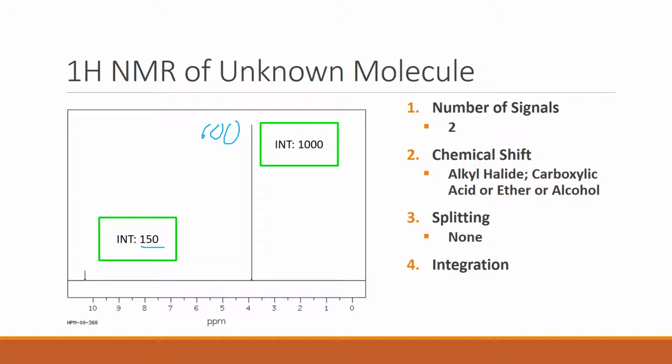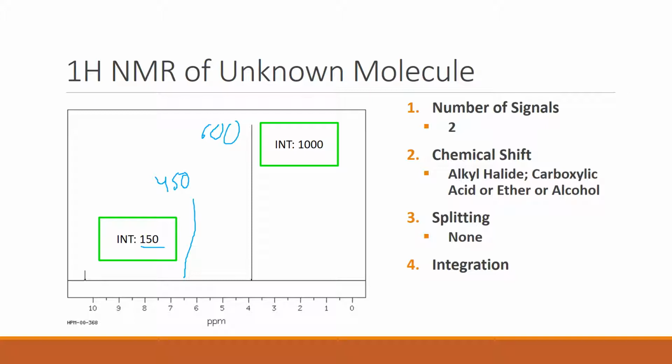You're going to take the smallest, there are 2 peaks, and you're going to take the smallest one, even if you had 3 peaks. Let's say there's a 150, a 600, and a 450. Okay, for example, you're going to take the smallest one you have, and you're going to divide it into the larger ones. And by the way, all this data is from SDBS, so you can go check it out yourself.